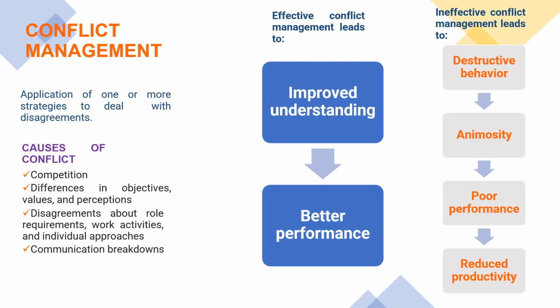We have our values, what we value, and the way we perceive life. It doesn't necessarily mean that my perception is better than yours, or that yours is better than mine. No. But because I perceive things in a particular way, I might pick a quarrel with you that yours is not even as good as mine, when in essence, yours might be better than mine. So you need to be aware of this.